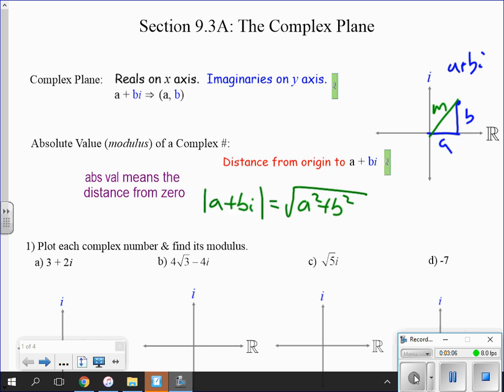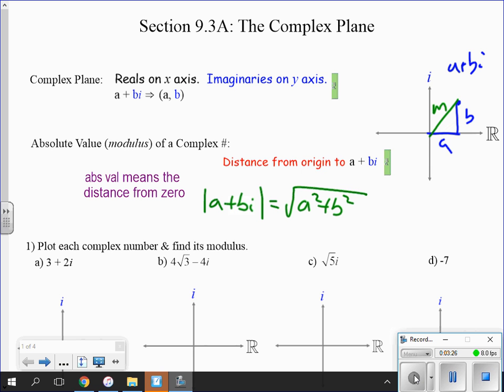X, Y coordinate, only instead of X you have the real portion, instead of Y you have the imaginary portion of the number, and you have your distance from center. It works the same as r on the polar coordinates. The modulus is the distance from center. How far away is it from the origin?